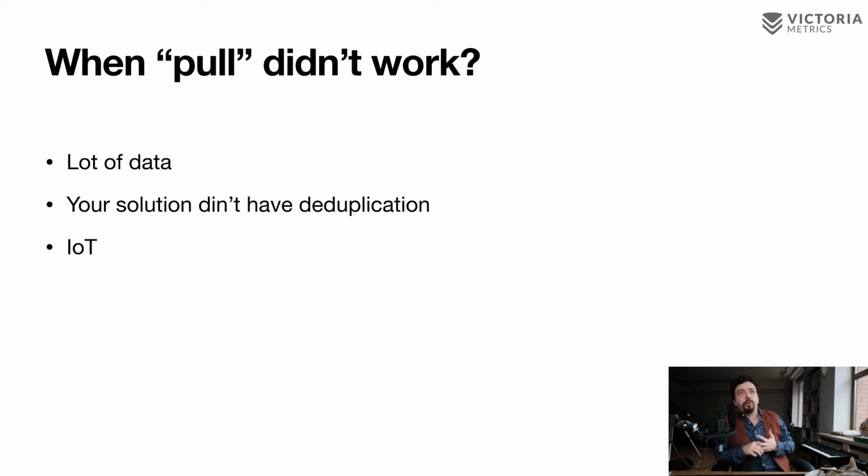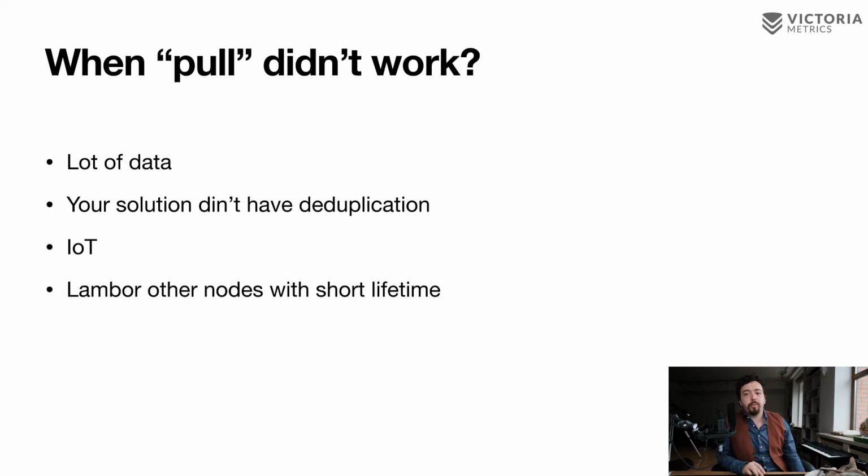Actually, you need to do authentication to each node, and push is much simpler in this. With push, you can just push the data from the nodes to the relays, and not think about having this huge service discovery and an encryption problem.